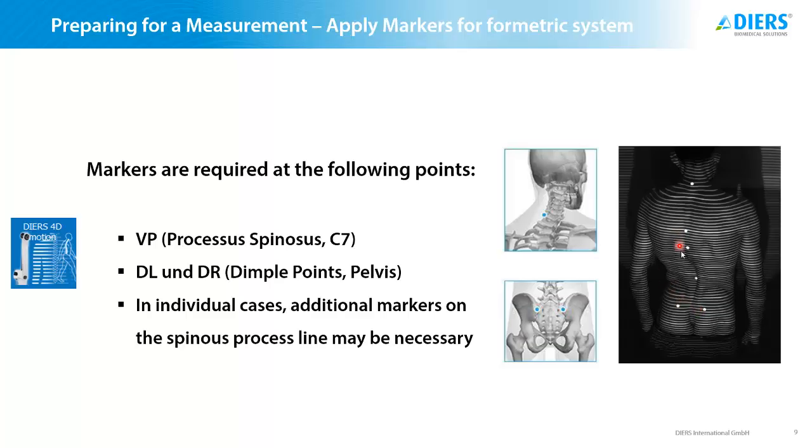In individual cases, for example in scoliosis care, or if you see any deviations that you think might hinder the measurement from finding the symmetry line or finding the processus spinosus line, you can apply extra markers along the spinous processes line. But once more, these 3 points here, they are absolutely necessary. Without them, you can't make the measurement.